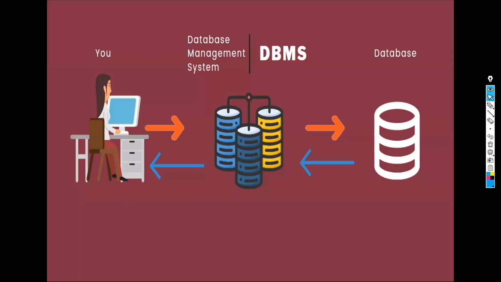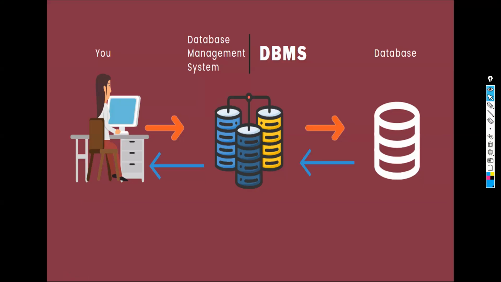Whatever you are doing on the database, you are creating one system for that. It means you write one query, it goes into the backend, and it extracts the data. Whatever it is doing is called a management system.